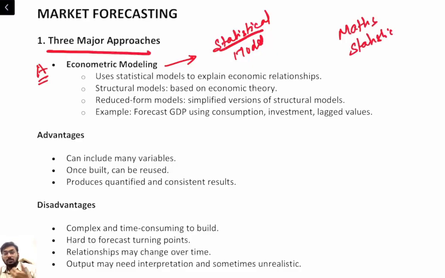Now statistics is not possible without past data, so I am also including the past data. So an econometric model includes your maths, your statistics, and also your past data. With the help of all these three, we create the econometric model or statistical model to predict the future of economic values.